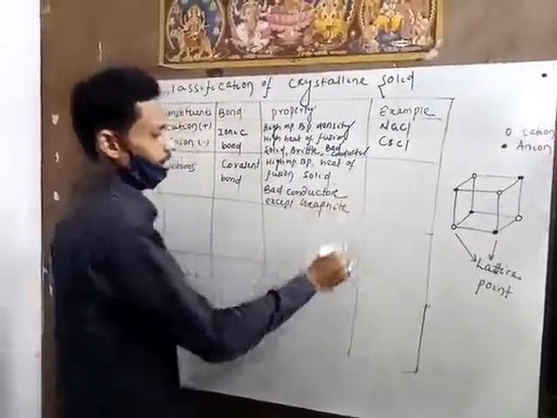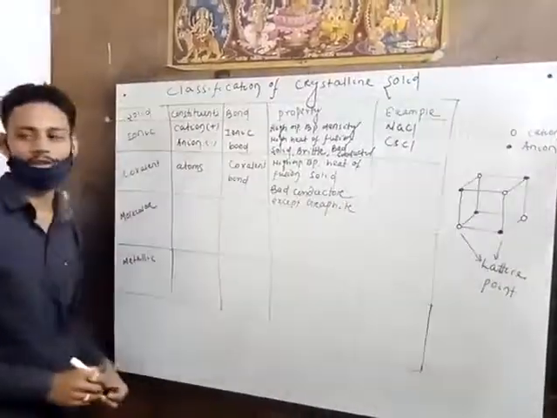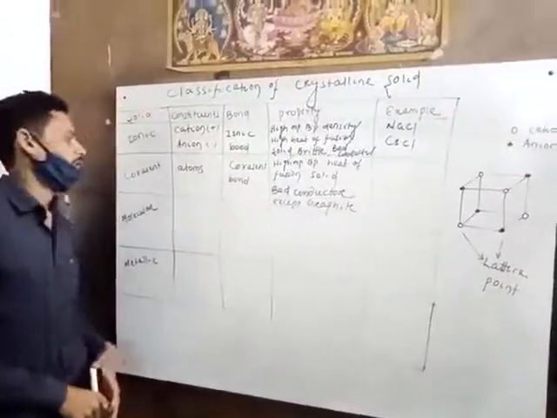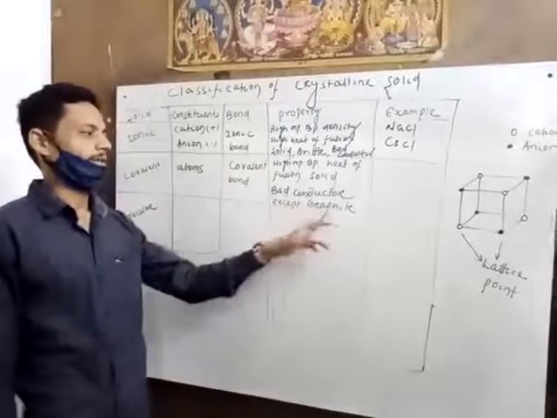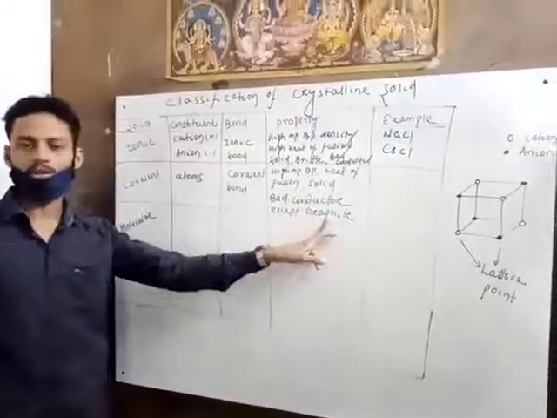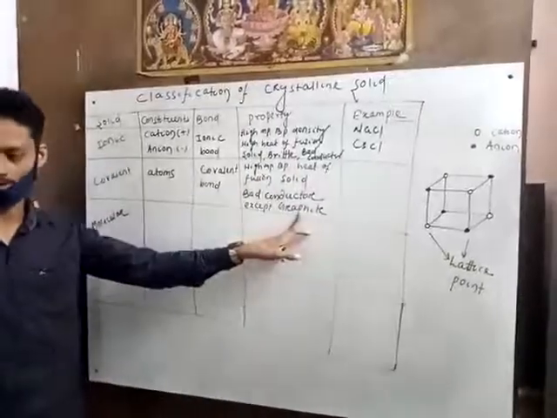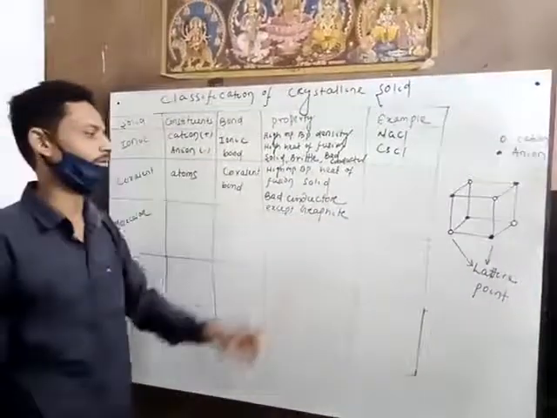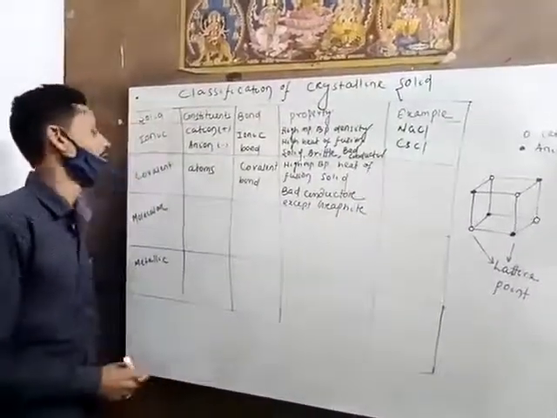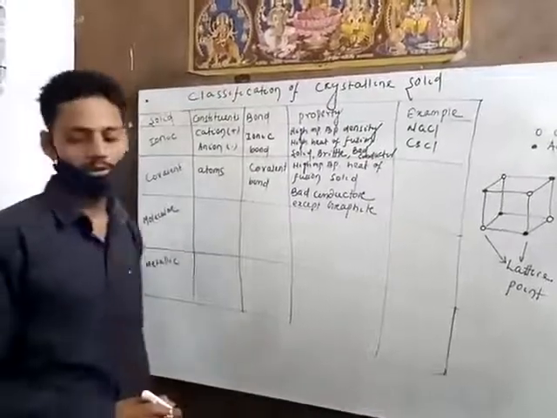In covalent solid, due to absence of free electrons, these are bad conductors. But except graphite. Graphite is a good conductor of electricity due to its fourth valency electron, or free electron. What are the examples of covalent solid?